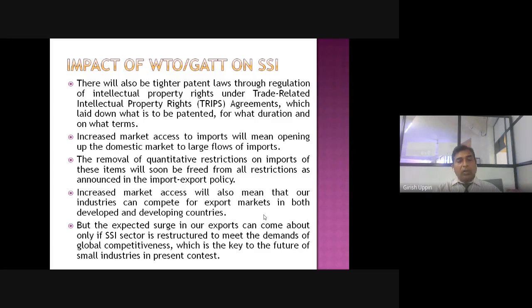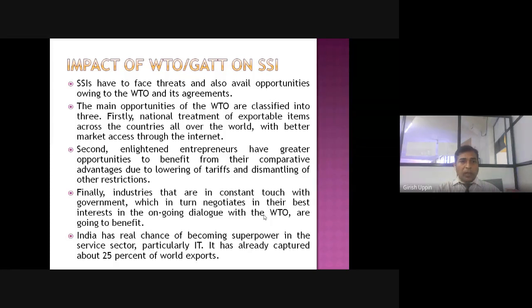Government policies will help in restructuring the small scale sector so that they become competitive with the global companies. SSIs have to face threats and also avail opportunities owing to the WTO and its agreements. So there are both threats as well as opportunities.